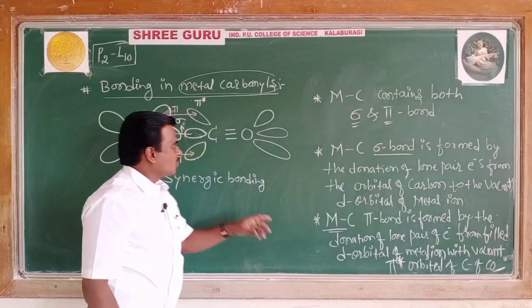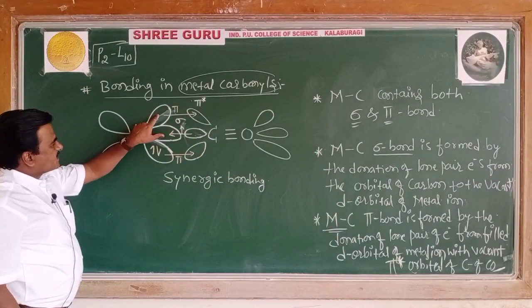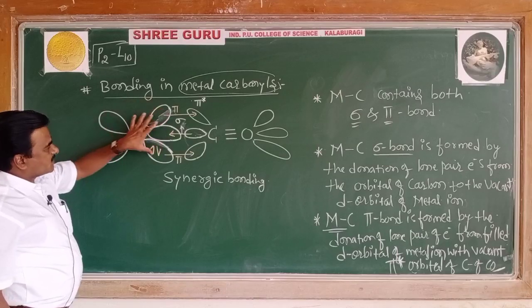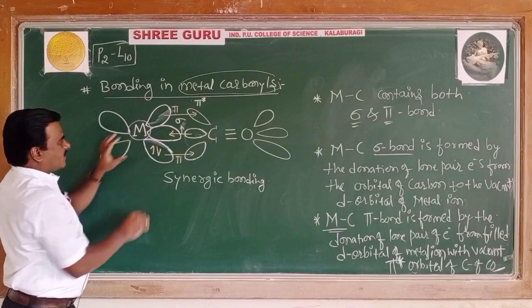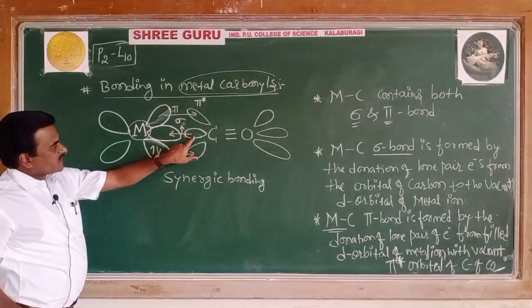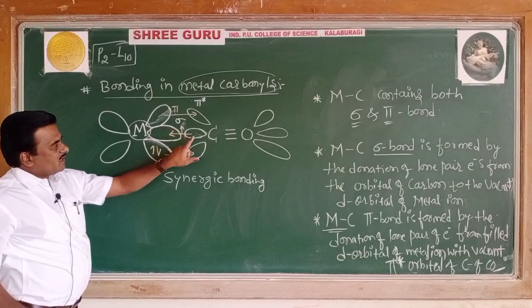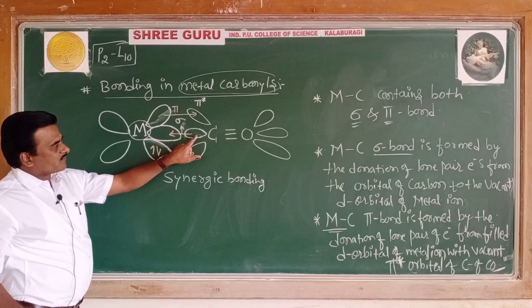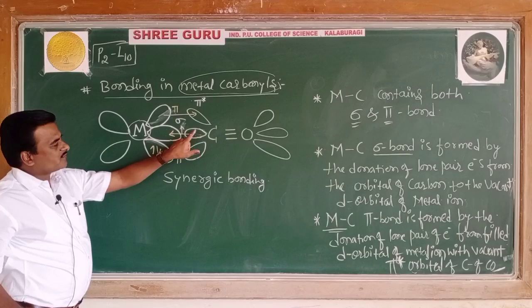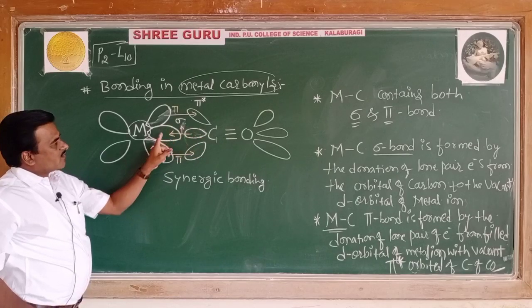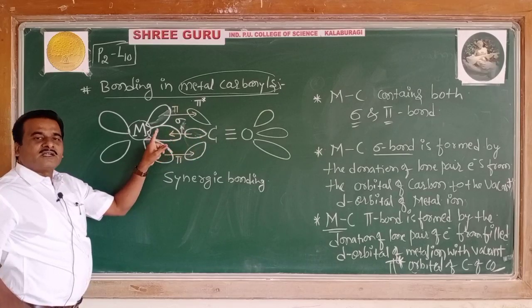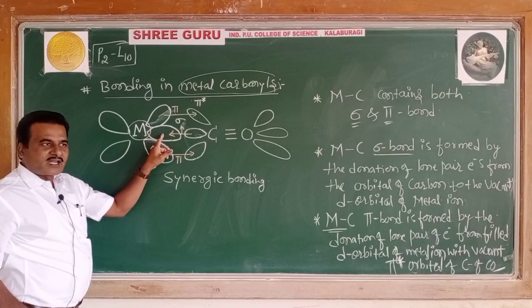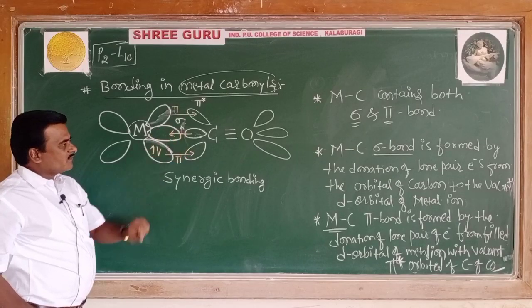So I can show you here, these are the 5 degenerate orbitals of the metal ion. One sigma bond has formed already by the donation of an electron pair from the orbital of the carbon with the vacant orbital of the central metal ion. A sigma bond is formed.